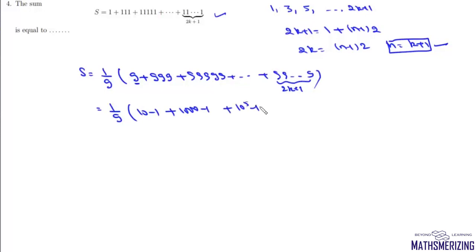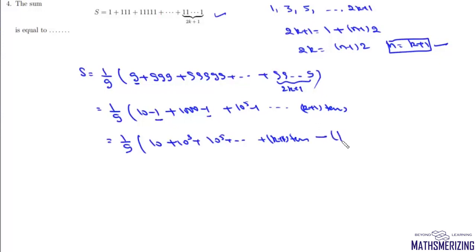It will be 10 to the power 5 minus 1. And it will continue up to k plus 1 terms. So we can write this series as 1 by 9, and then it will be 10 plus 10 cube plus 10 to the power 5 up to k plus 1 terms, and then it will be minus 1 minus 1 minus 1 from each of these k plus 1 terms. So there will be minus k plus 1.